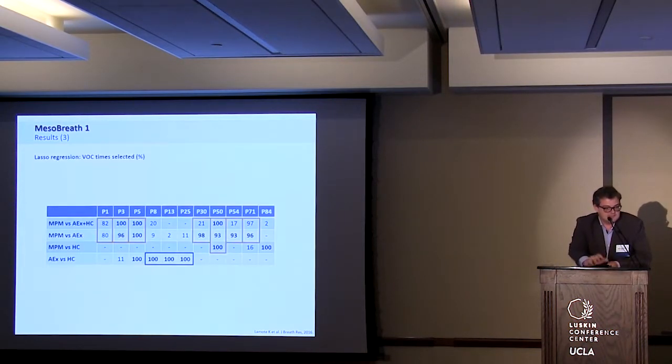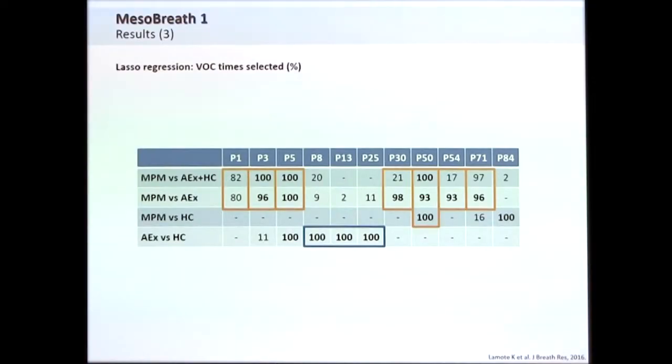From this study, there were several compounds that were selected by our regression methods. You have seen, for instance, the peaks here. They are called peaks because, as I mentioned, IMS ensures a pseudo-identification. So we have peaks 135, 30, 50, 54, and 71 as potential markers for mesothelioma development, because they allow the discrimination of our mesothelioma patients from our asbestos-exposed patients or from the combination of both groups.